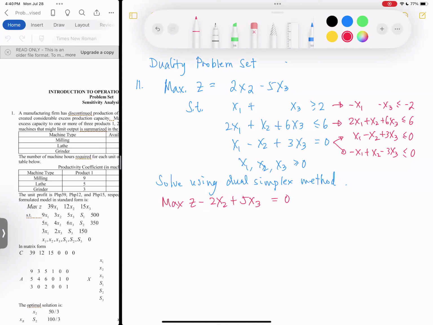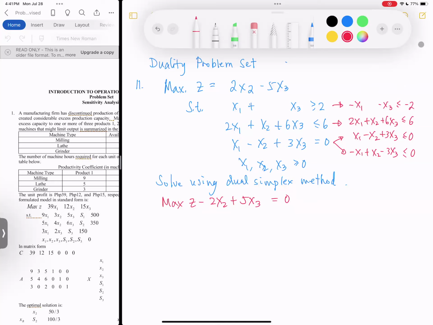So raise your hand, unmute yourself if you have questions. Okay, so you just transfer this, transpose this to the other side, equate it to 0, and then you work on this one. So again, the purpose of converting to less than or equal to is so that for all constraints you would just add slack variables to it.